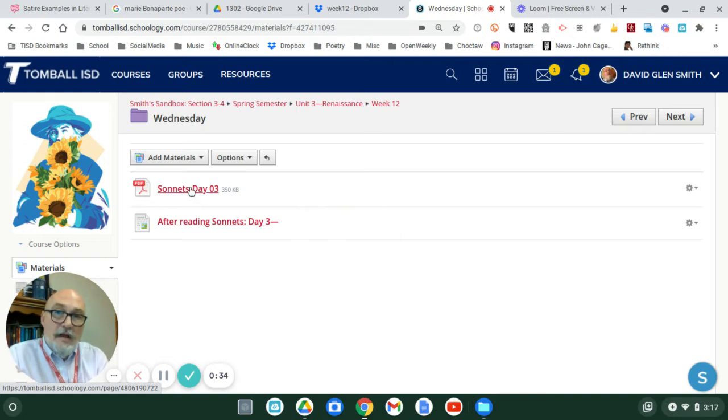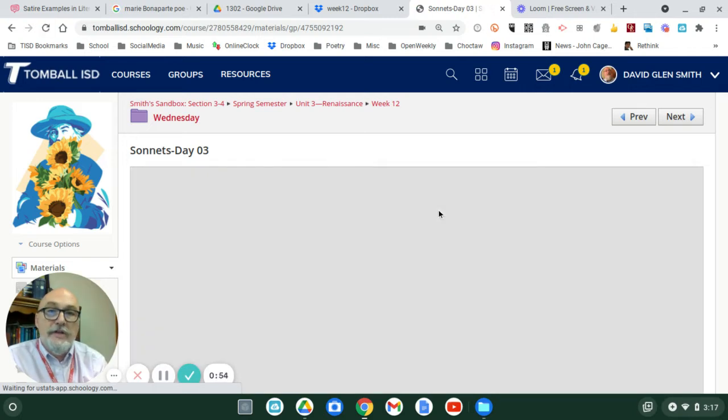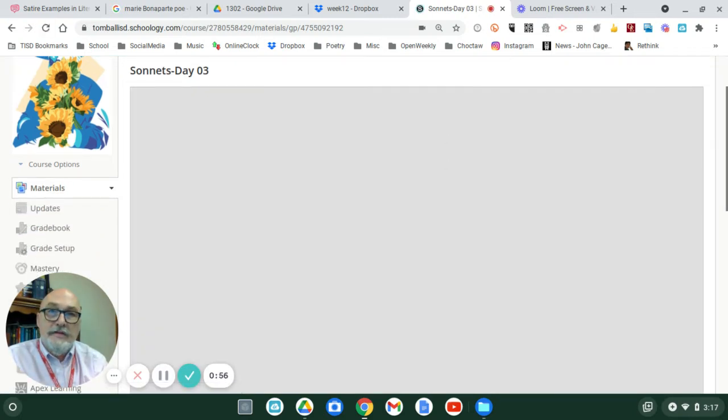As far as the Sonnets Day 3 is concerned, I just want you to preview a few of the pages that I have noted here. What we're looking at are the first 4 pages of this demo.